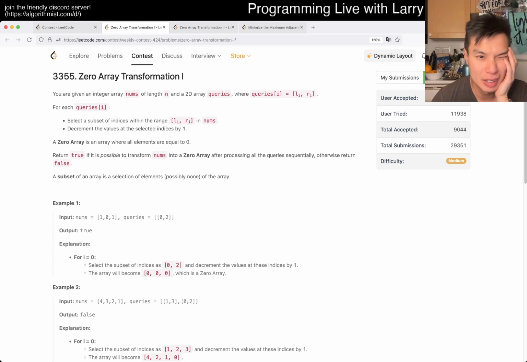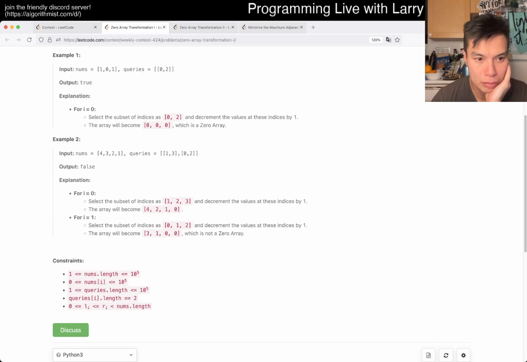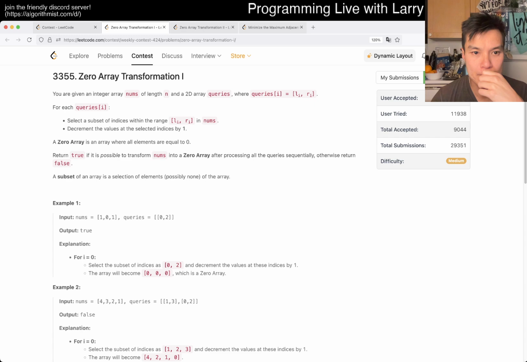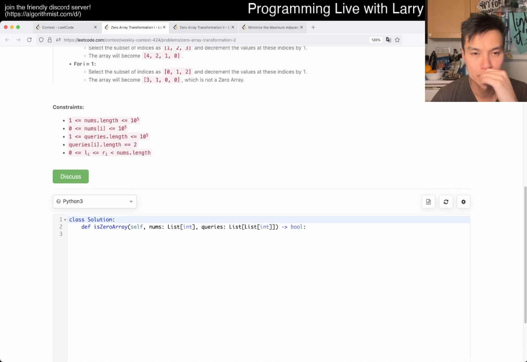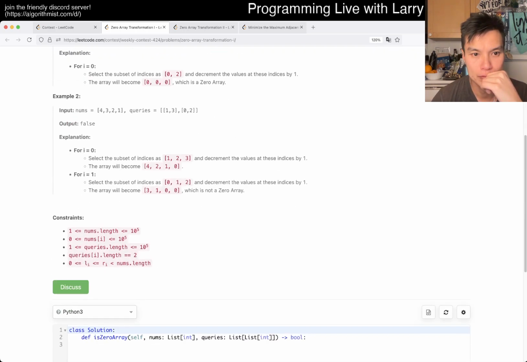For each query, a subset of indexes. Okay.